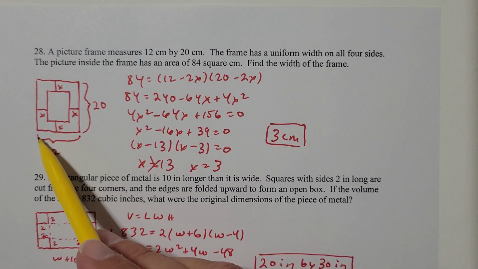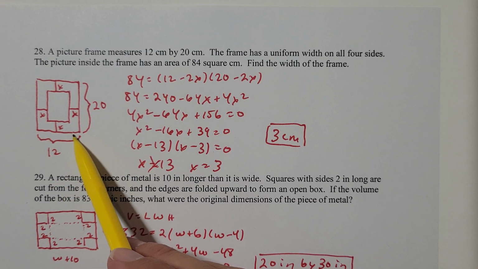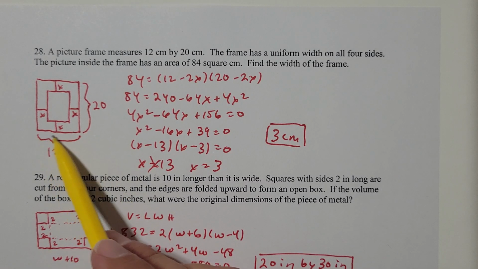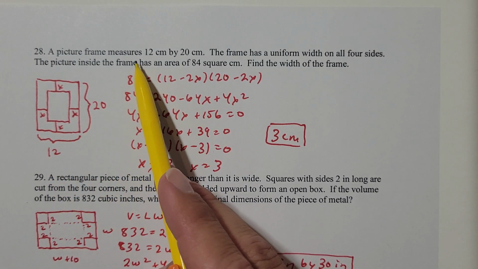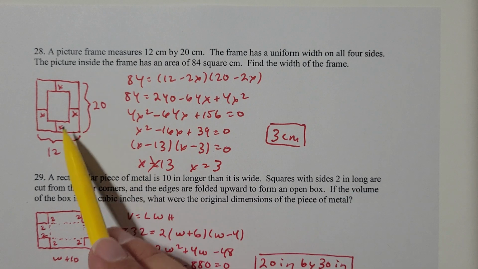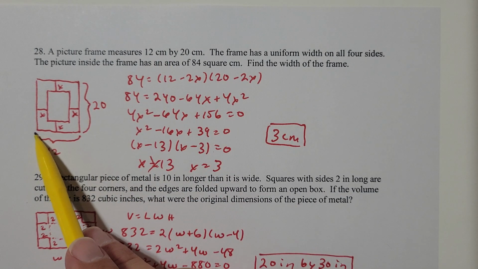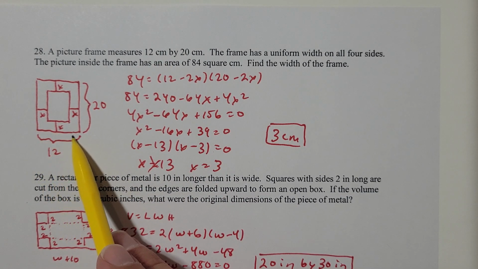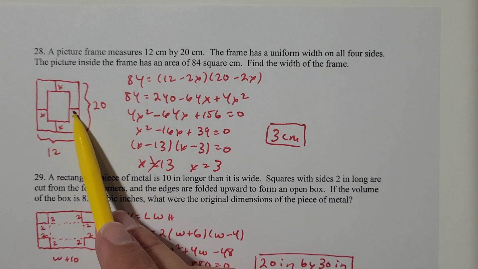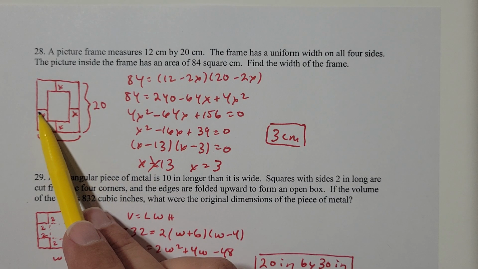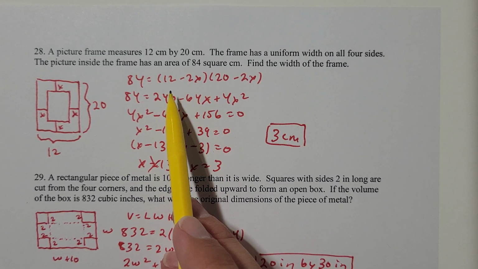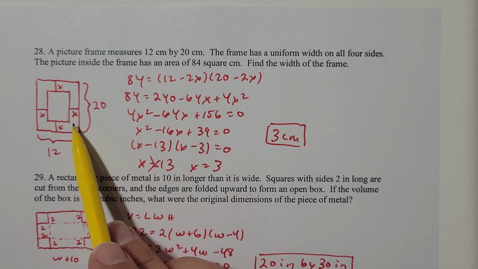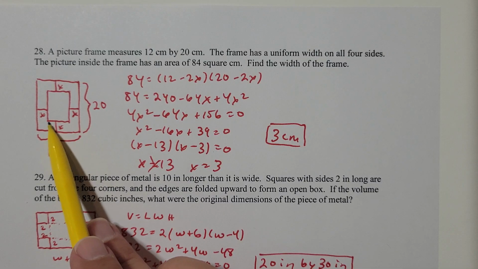The length of the bigger rectangle would be 12, right? The picture frame measures 12 centimeters by 20 centimeters. So I'm going to take 12 and then subtract x and then subtract another x, so I'm subtracting 2x from 12. That's going to give me the length of the picture.